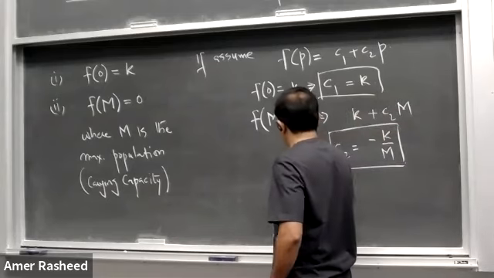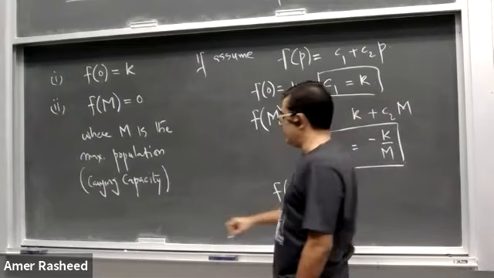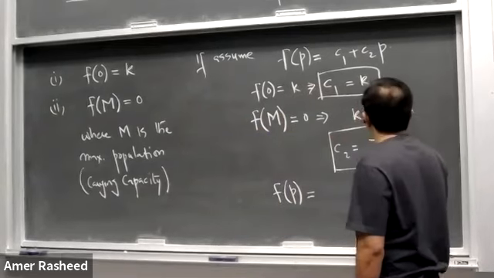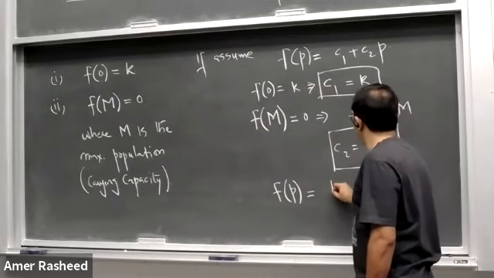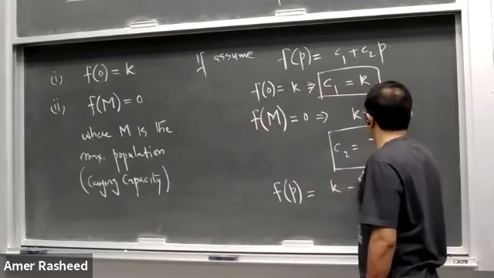So the linear function which satisfies these two conditions would be k plus minus k divided by m p, or you can say it is k times 1 minus p over m.